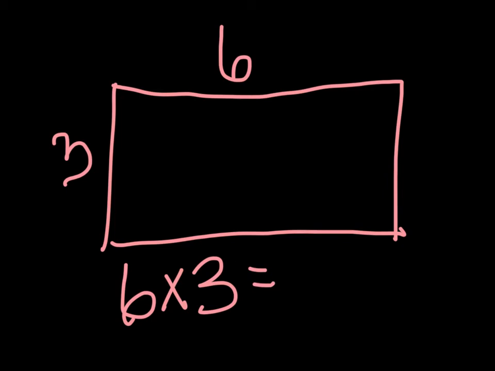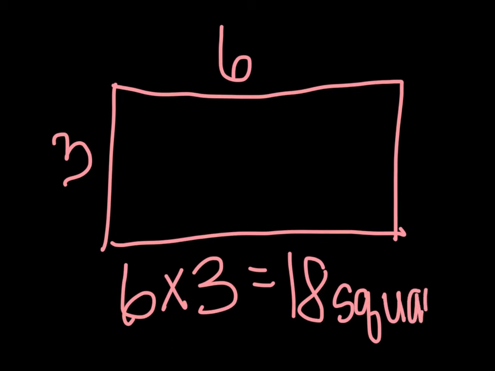In this situation, you don't have to know all 4 sides. You only have to know the length and the width. So 6 groups of 3, hopefully you remember from our multiplication unit, is 18. So I would say 18, and instead of just saying units, you're going to say square units, because you're figuring out how many squares you can fit inside your shape.